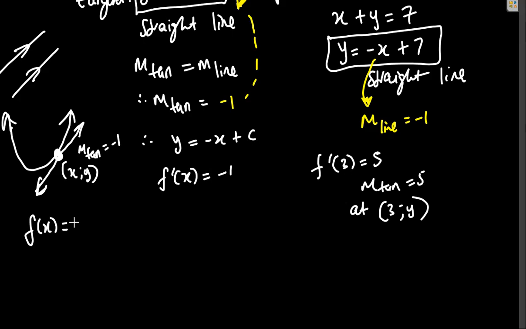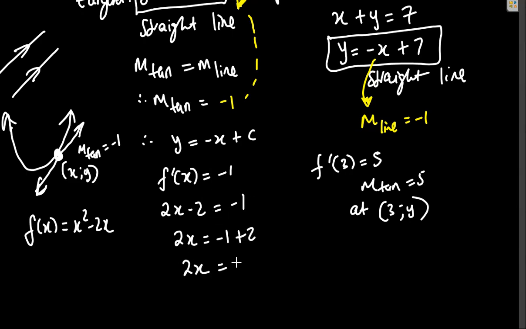So the derivative of f is 2x minus 2 equals -1. Now I can solve for that x value by just saying 2x will be -1 plus 2. I took this to that side, it changes the sign, so 2x would be equal to 1. When I divide by 2 both sides, I get that x is equal to half.